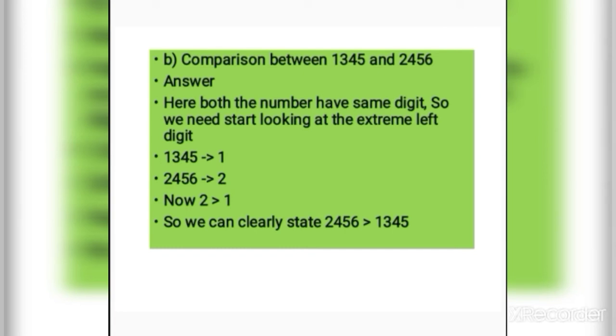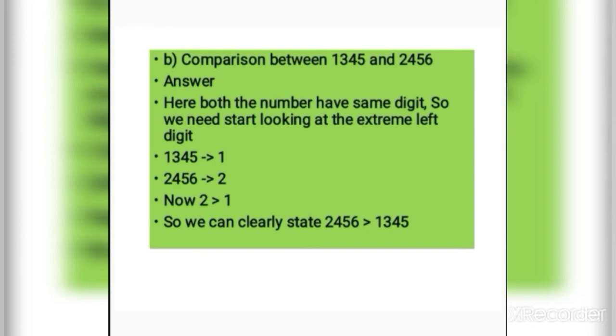In both the numbers, check the first digit from the left side. In 1345, the digit on the extreme left is 1, and in 2456, the digit on the extreme left is 2.